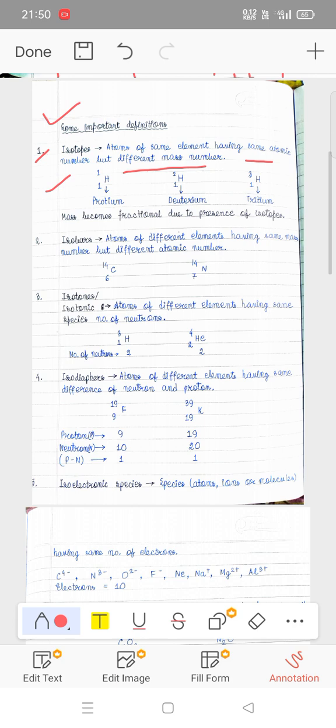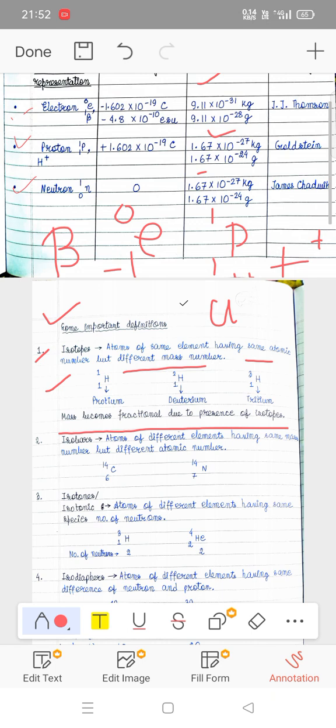This line is very important. Mass becomes fractional due to presence of isotopes. For an example, Cl, that is chlorine. Chlorine has two isotopes, right? One is 35,17 and another is 37,17.